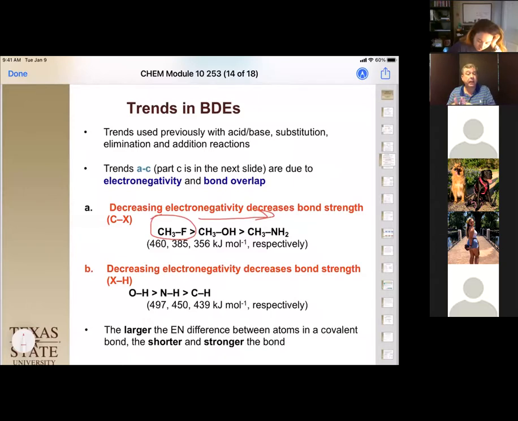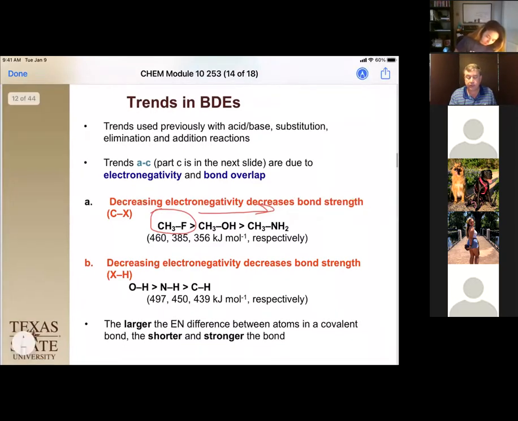And carbon and hydrogen are said to have a non-polar bond, which is the least strong of the set. So the larger the difference in electronegativity between them, the shorter and stronger the bond will be. Okay. So the more polar the bond, the stronger the bond. Okay. And notice that kind of ties in with A here. The stronger the bond, the shorter the bond, the higher the bond energy.